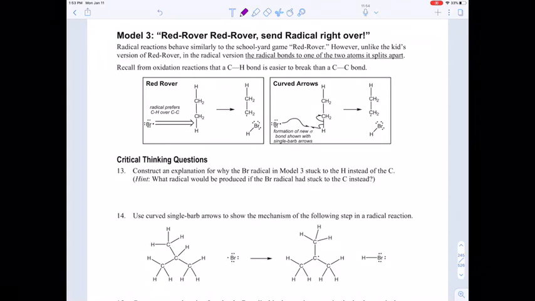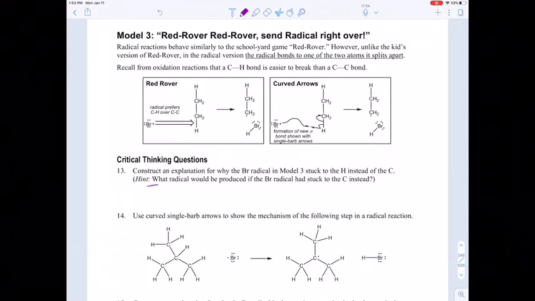Okay, construct an explanation for why the bromine radical in Model 3 stuck to the hydrogen instead of the carbon. Hint: what radical would be produced if the bromine radical had stuck to the carbon instead? I'll give you a second to think about it. Hit pause.